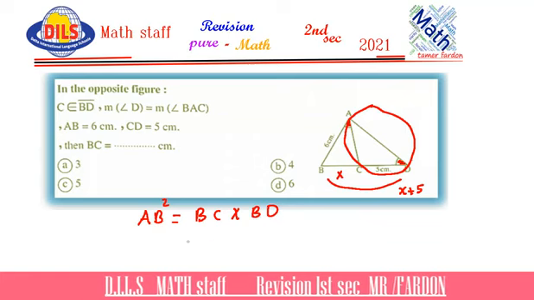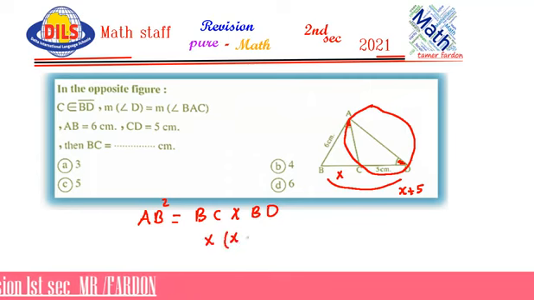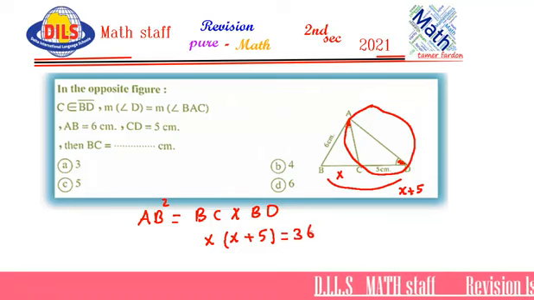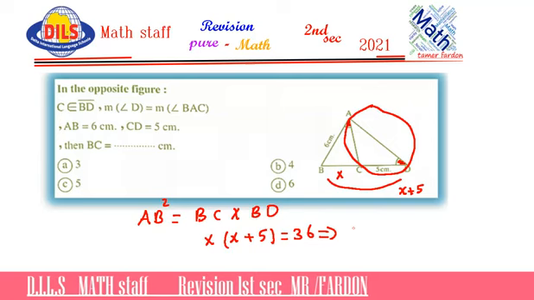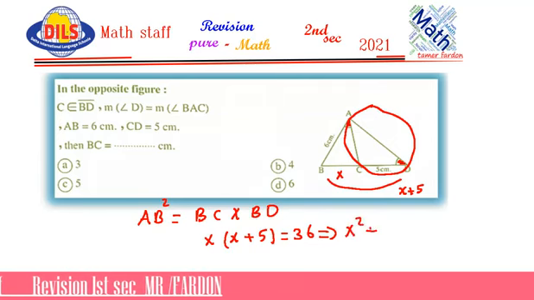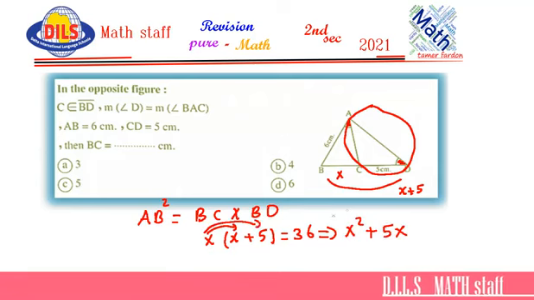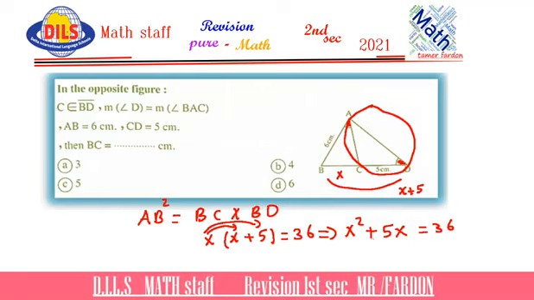So x times x plus 5 is equal to 6 power 2, which is 36. Remove the brackets, we get x power 2 plus 5x equals 36.